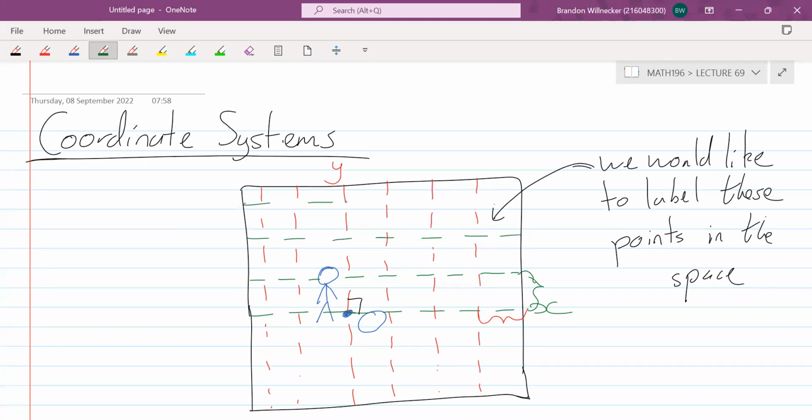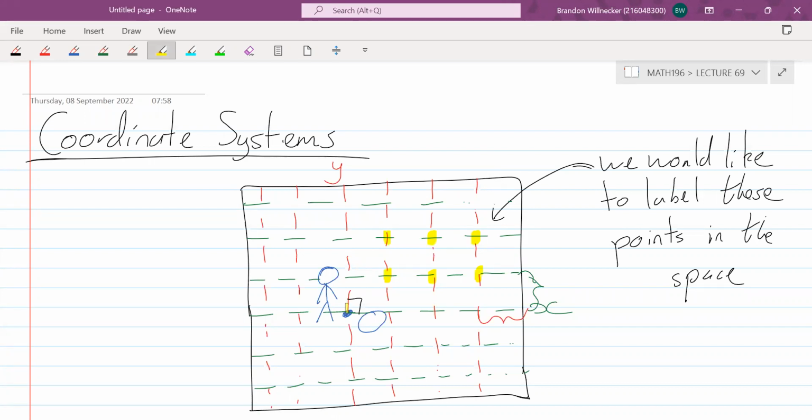So we draw this, going along, like that. Now we end up with a grid of points, because our vertical lines and horizontal lines are going to intersect each other at some points here. And that is what we use to label these points.